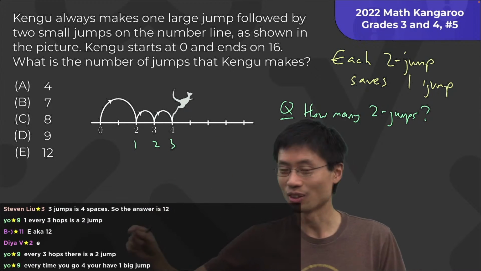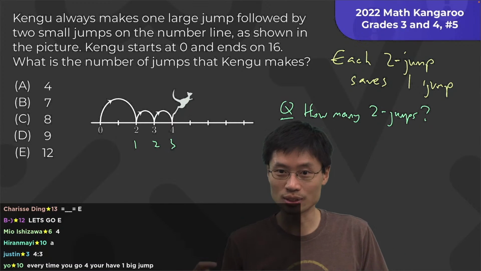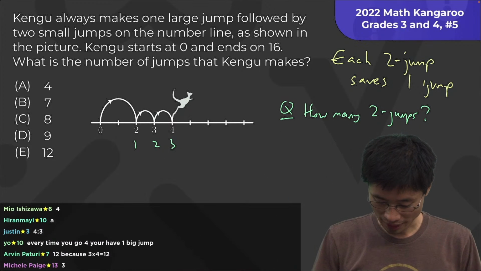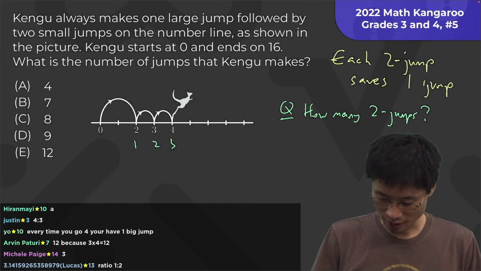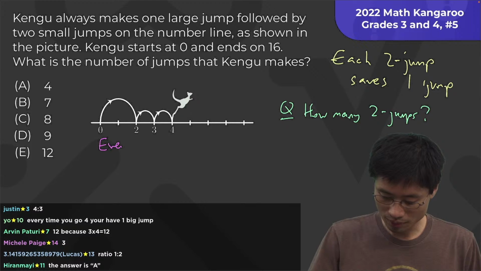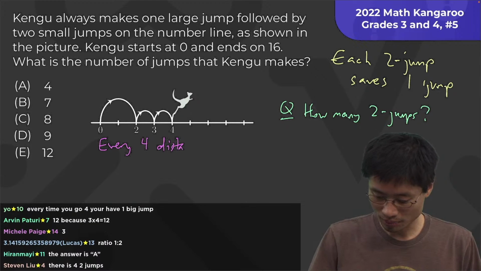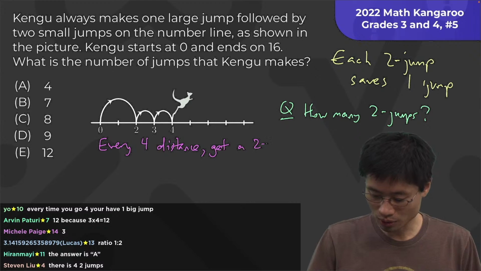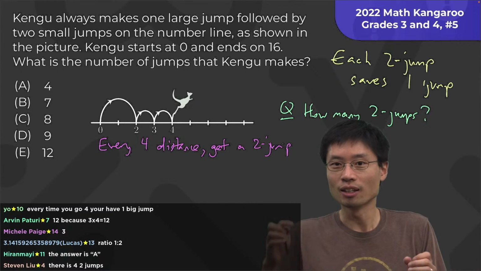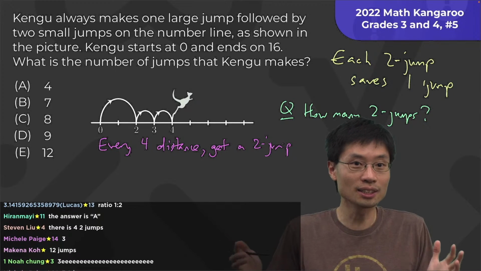Ah, I see it. Yo has a great comment. Every time you go 4, you have a 2 jump. And that's the idea I want to use. Let me erase this and just say every 4 distance, get a 2 jump. Now, can anyone tell me how many 4 distances do I travel if I'm going 16 total distance?